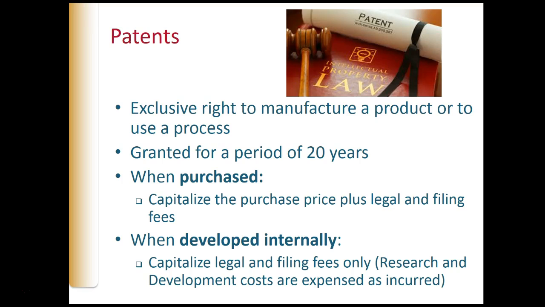But in contrast, when a company develops a patent internally, it expenses the research and development costs as it incurs them, and they flow on the income statement. A firm will record in the patent asset account the legal and filing fees incurred to secure the patent, even if it developed the patent item or process internally. The costs of successfully defending a patent, including attorney fees, also get added to the patent account.